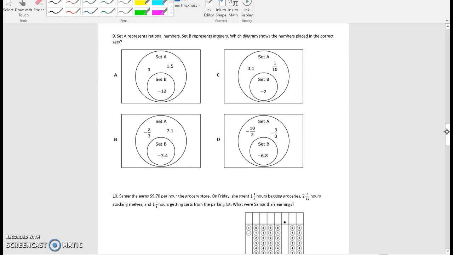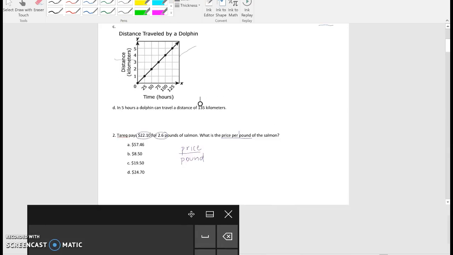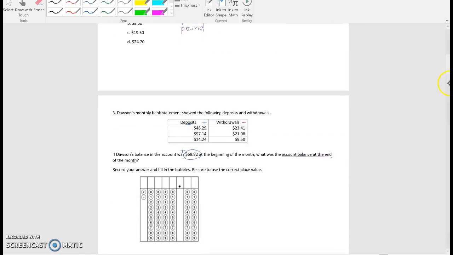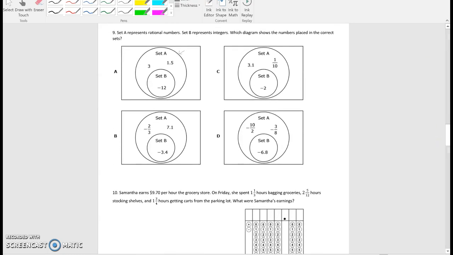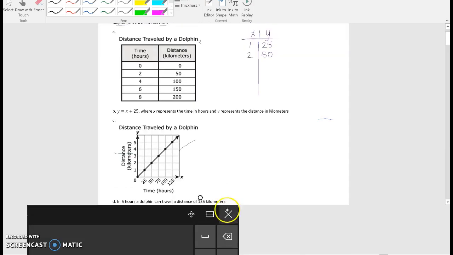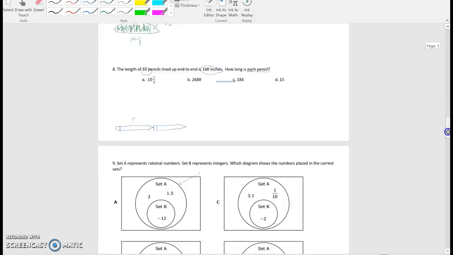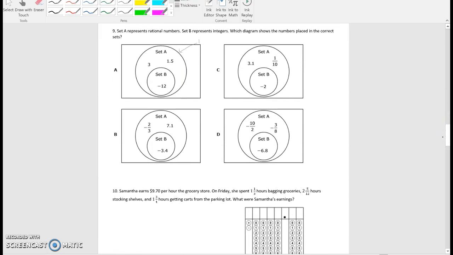Question 9. Set A represents rational numbers. Set B represents integers. Which diagram shows the numbers placed in the correct sets? So set A is representing rational numbers.